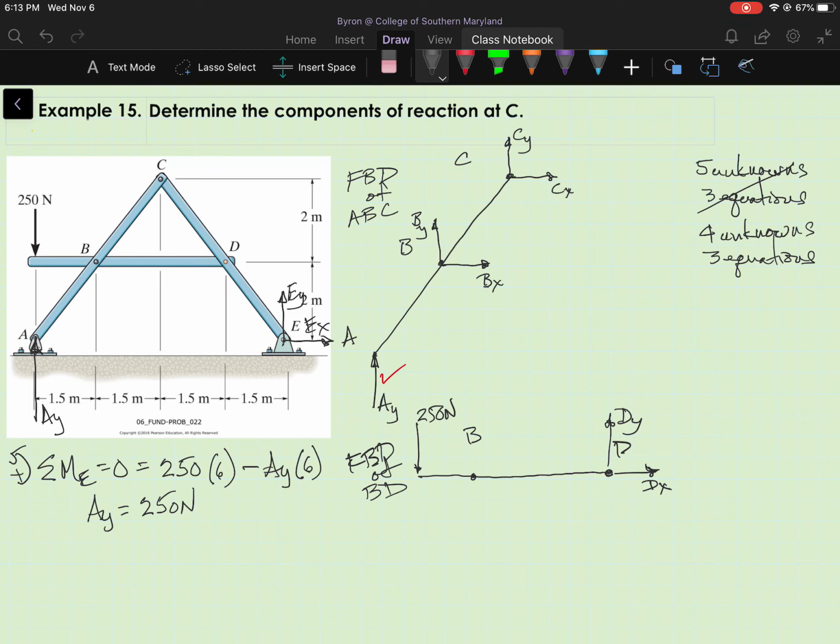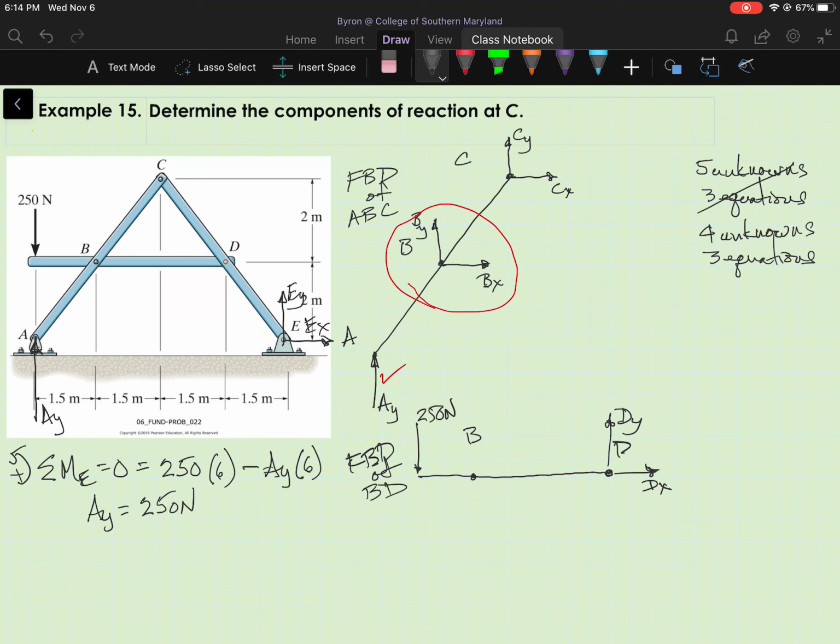The reaction at B is not going to add new unknowns because I've already accounted for it in the free body diagram of ABC, by drawing the unknown components of B. But I need to be careful and draw these equal and opposite to what I drew on the free body diagram of ABC.